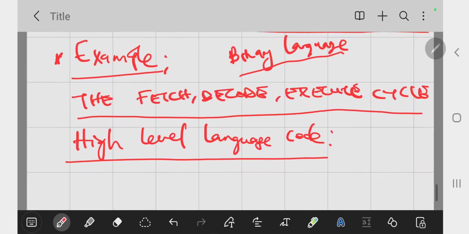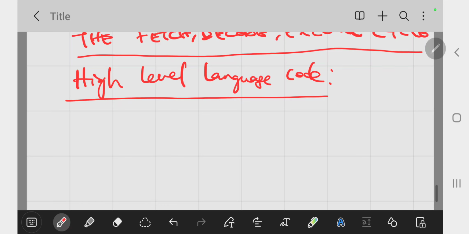So when we say high level language, it is a piece of code which has been written in such a way that just by looking at it you can make sense of it, and it can do something for you at the end of the day. The code we're talking about is: z is equal to x plus y.